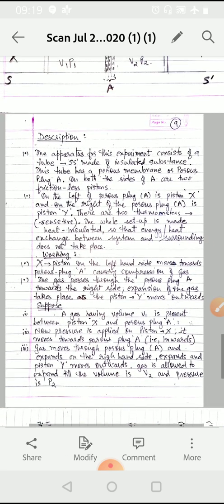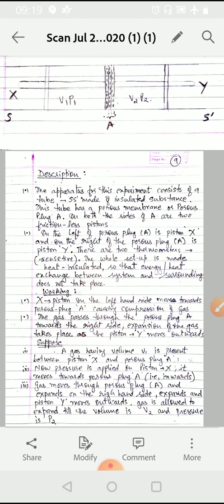Now we come to the working. The piston X on the left hand side moves towards porous plug A, causing compression of gas. The gas passes through the porous plug A towards the right side, then expansion of the gas takes place as the piston Y moves outwards.